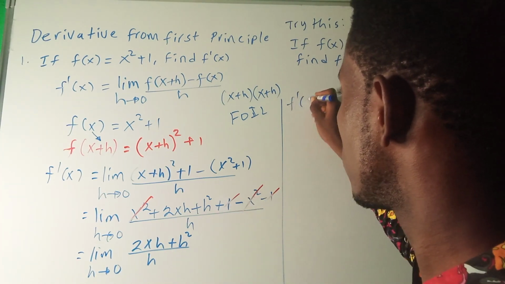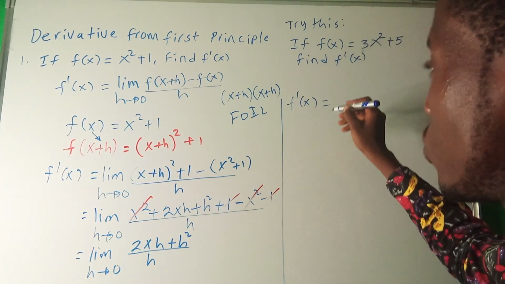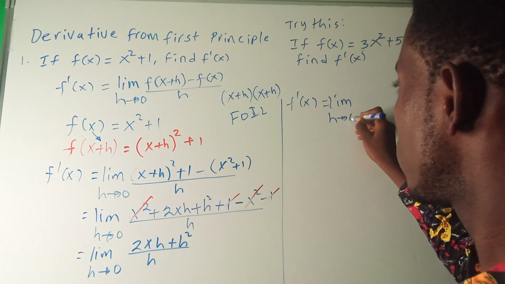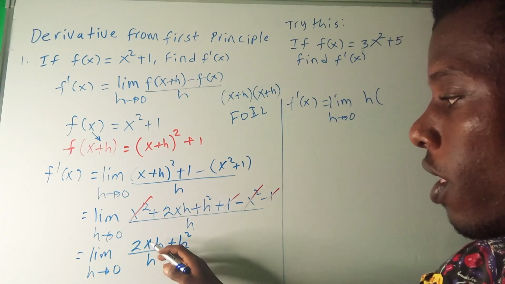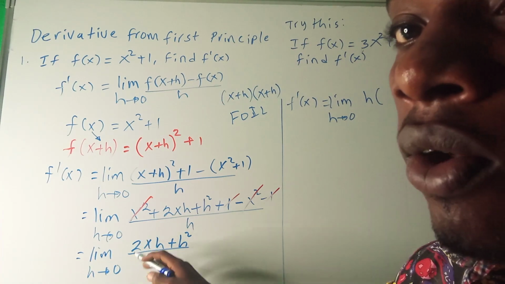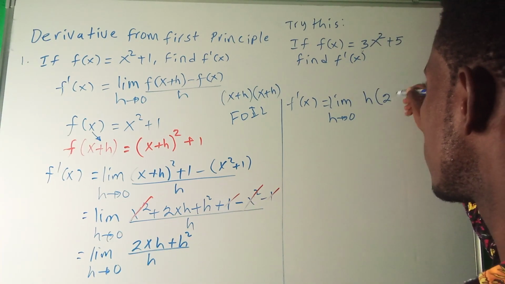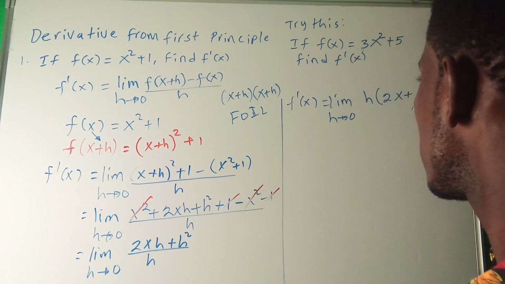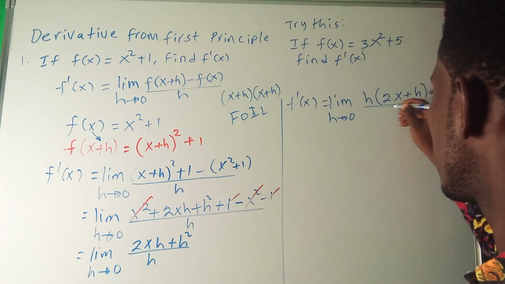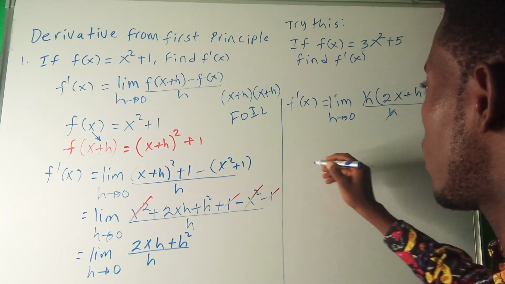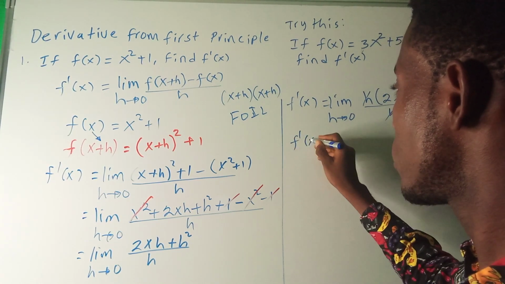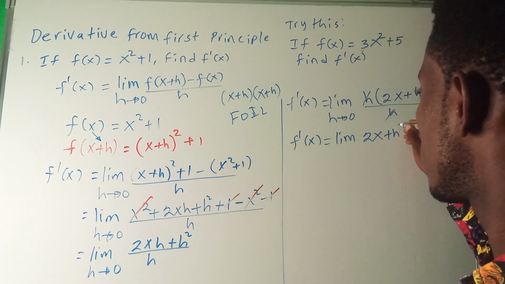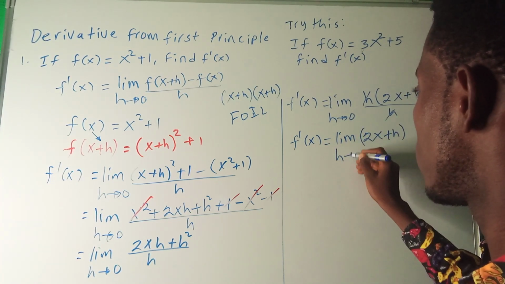So f prime of x is equal to the limit as h approaches 0 of h times, if we factor out an h from here, we have 2x plus, and if we factor out an h from here, we have h, all divided by h. So h and h are going to cancel out. We have f prime of x equal to the limit of 2x plus h as h approaches 0.